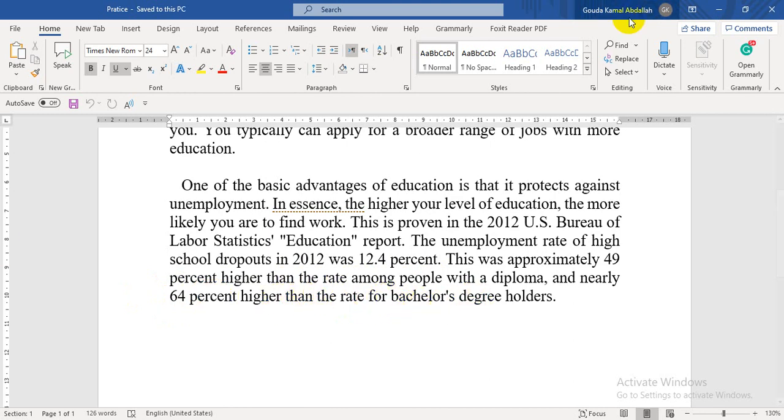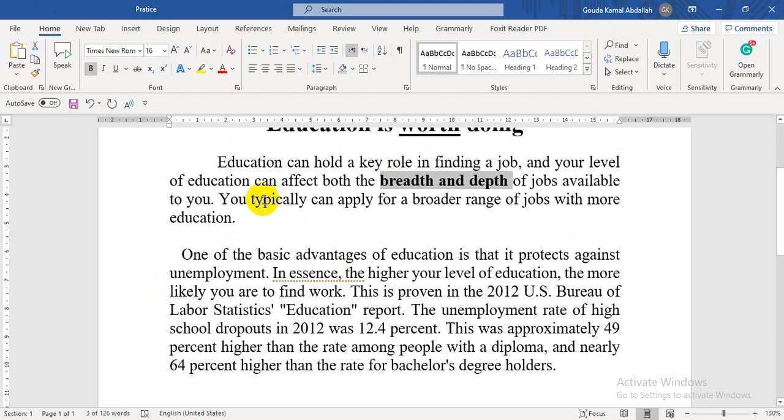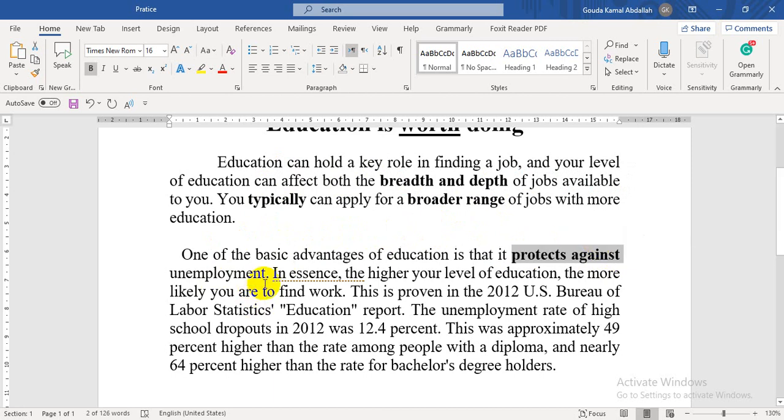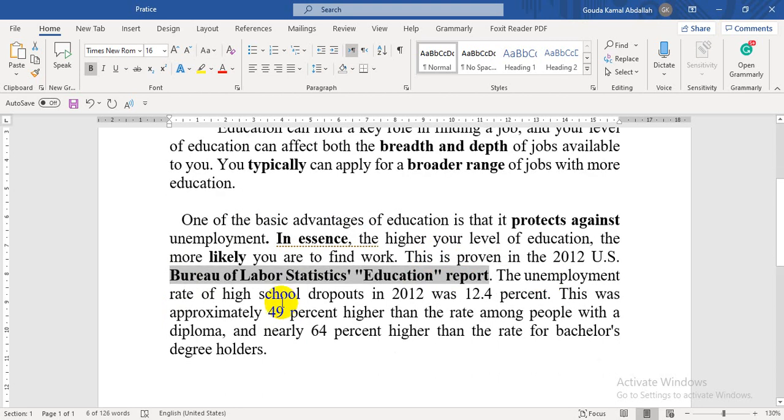So how can we translate these words? For example, breadth and depth. And typically, do we need transposition? What do you think? And a broader range of jobs, and protect against, هل يحمي ضد, and in essence, and likely, of course, and here this compound structure, and dropout.